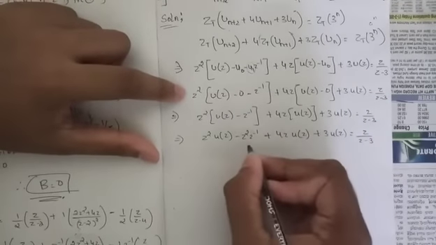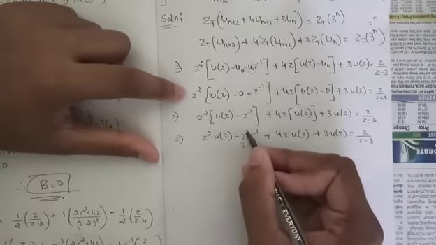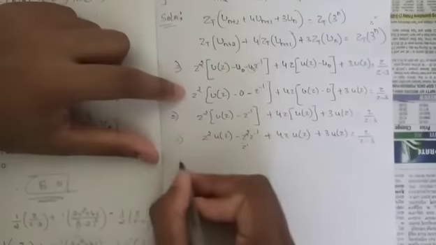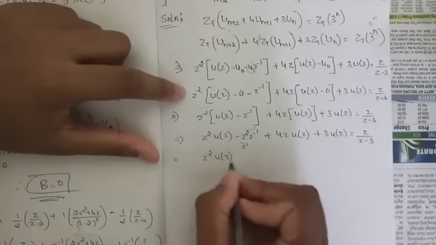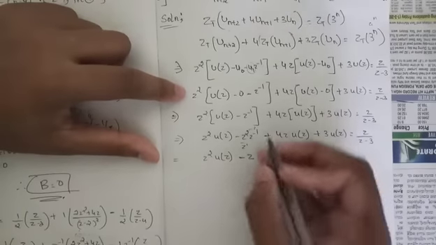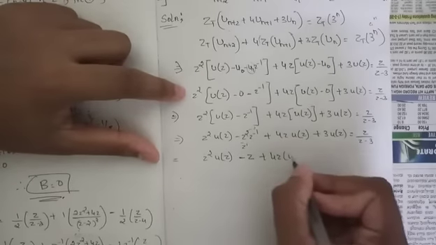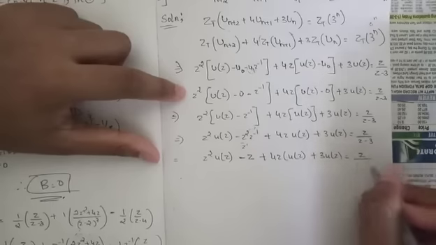If you bring the z inverse to the denominator, it becomes z power 1, and z square divided by z power 1 means z will get cancelled, so the remaining term here is minus z. So z square into z inverse is equal to minus z if we simplify it. Plus 4z into u of z plus 3 into u of z equal to z by z minus 3.